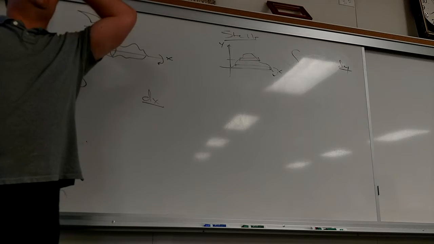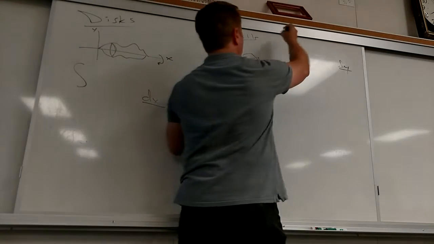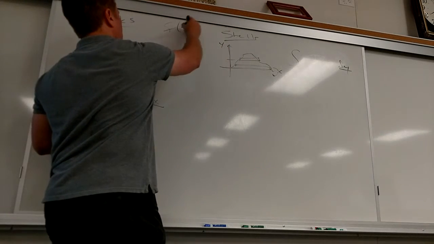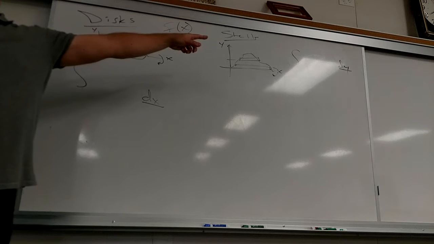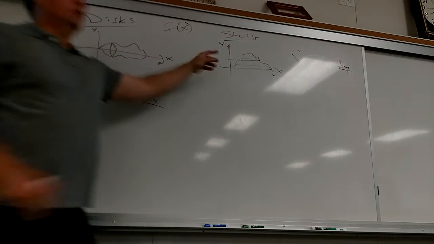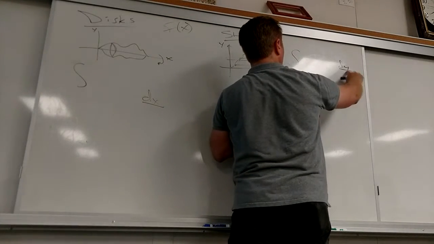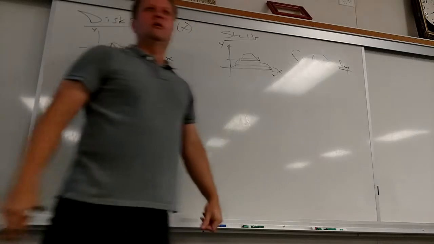So how do you determine if you want to use disks or shells? Well, if you have a function of x and you're rotating around the x-axis, you probably don't want to do shells. Because if it's dy, what has to be in here? A function of y.